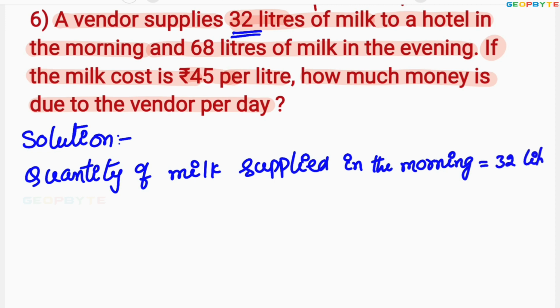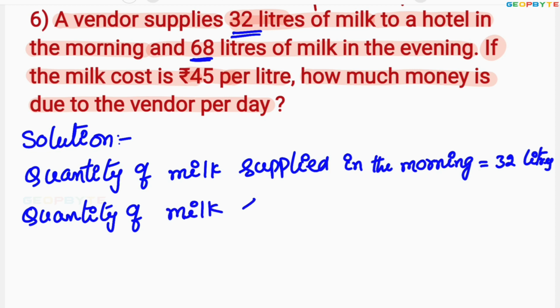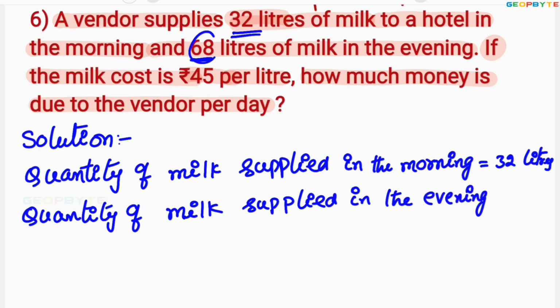Okay. In the evening, quantity of milk supplied in the evening, equal how many liters? 68 liters.